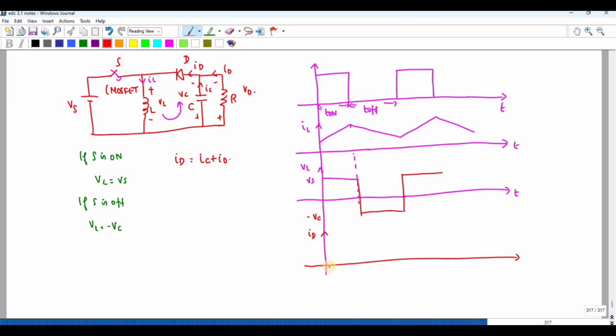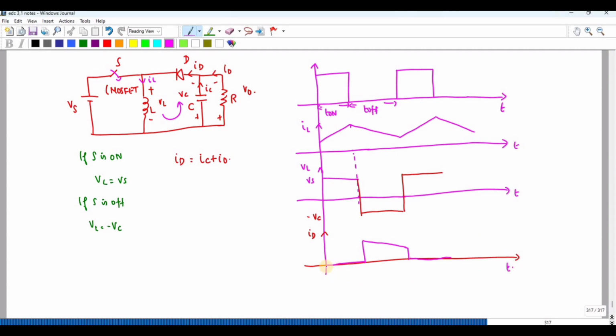When the switch is open, there is a current flow in ID that is the same as IL. Whatever current is in IL will flow through ID, and when the switch is closed, it goes to 0. So this is the waveform of ID.